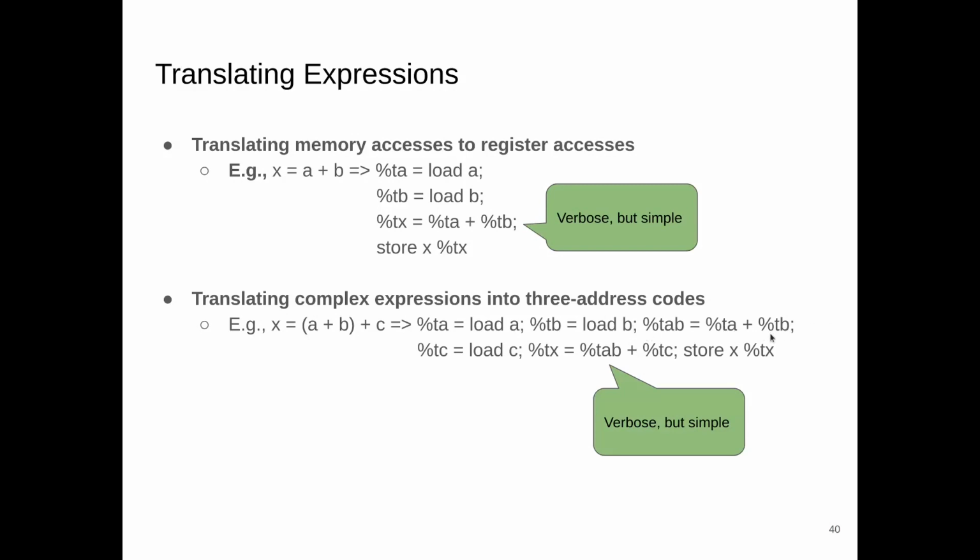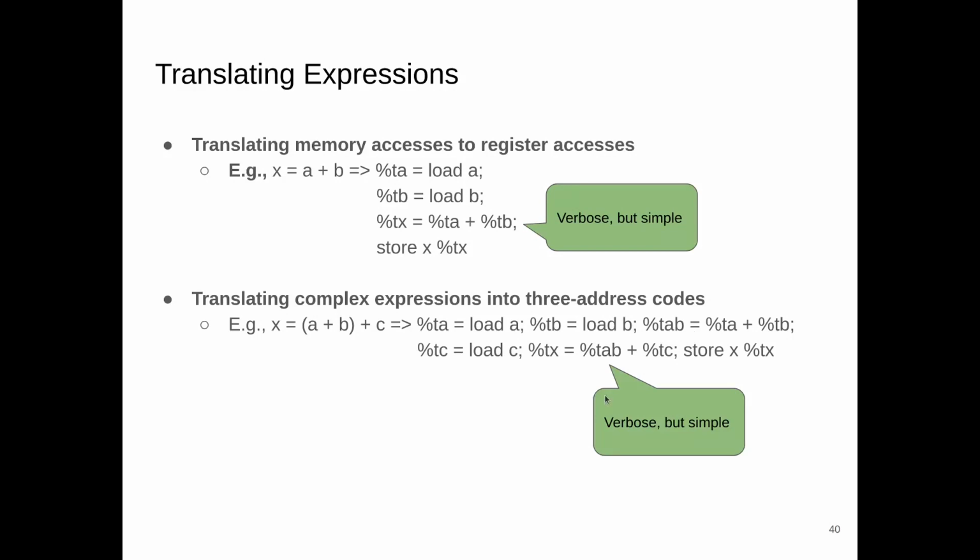Now we don't need to store the intermediate value to the memory because this is not a memory value. This is not an address. We cannot take the address of this intermediate result, so it can just reside in the register. TAB is such a register that is containing the intermediate summation of a and b.